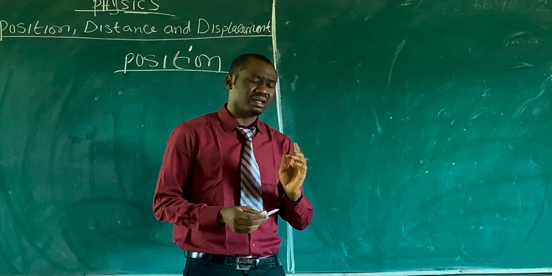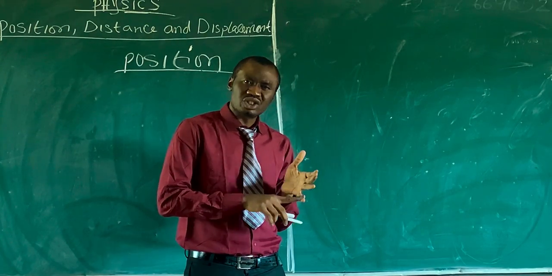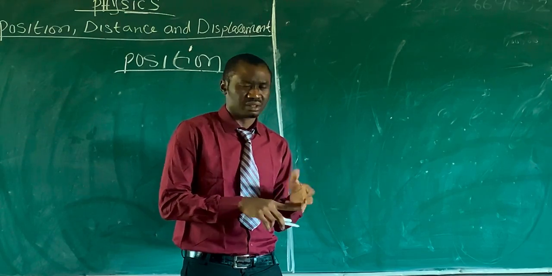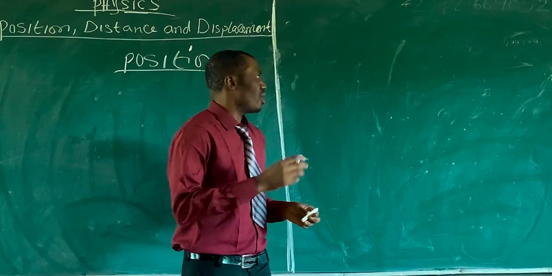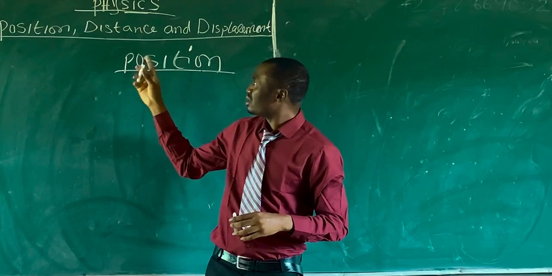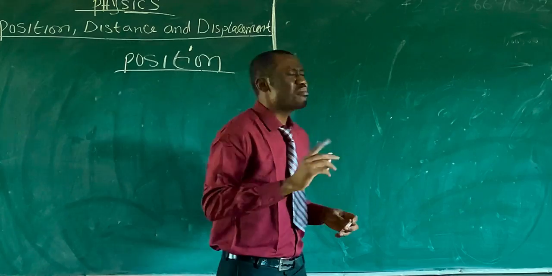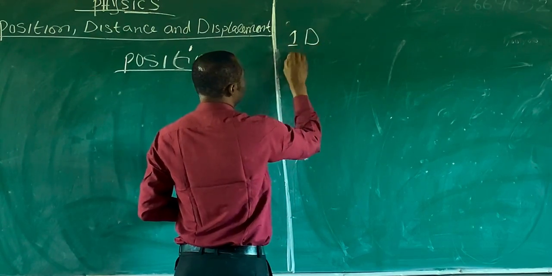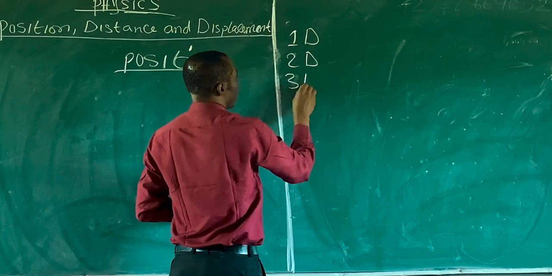I take that again. Position is the location of the body relative to the point of origin or the point of reference. Now, if you look at position, distance, displacement, they are measured using 1D, 2D, and 3D.